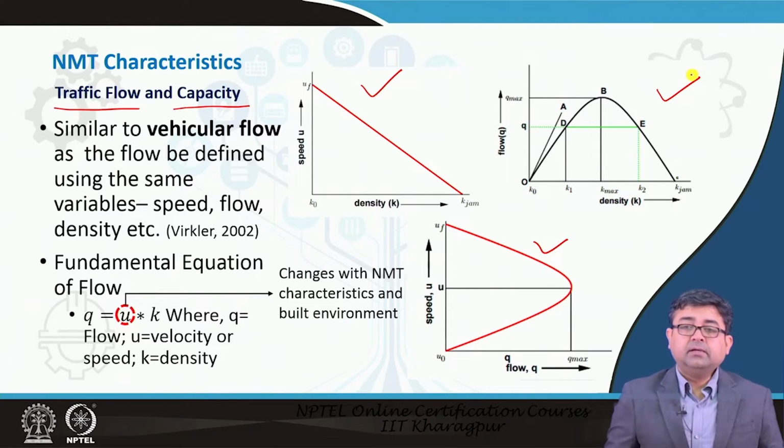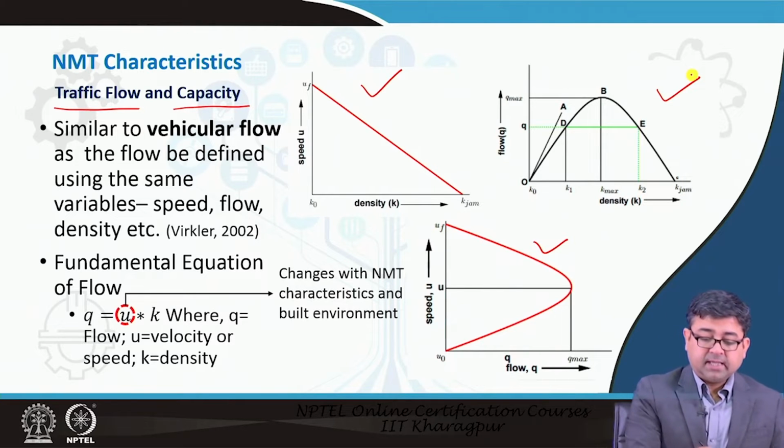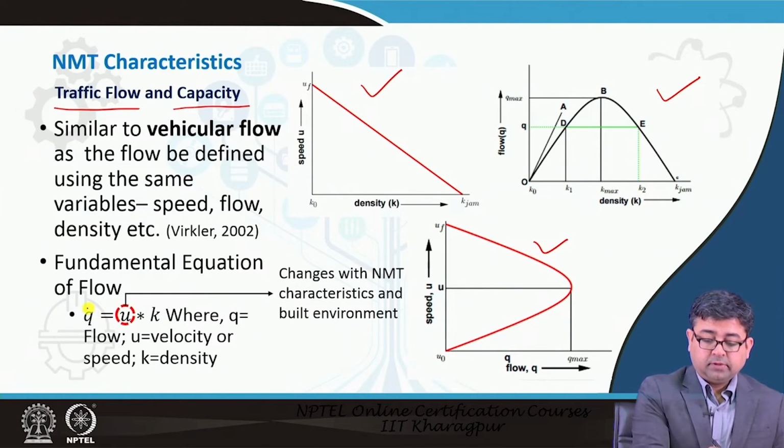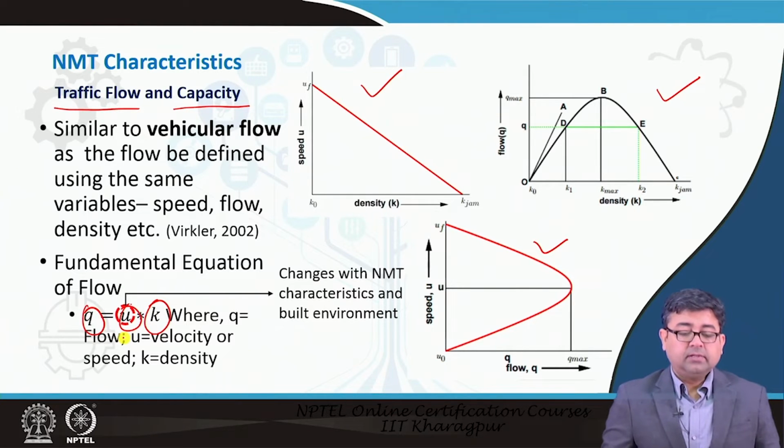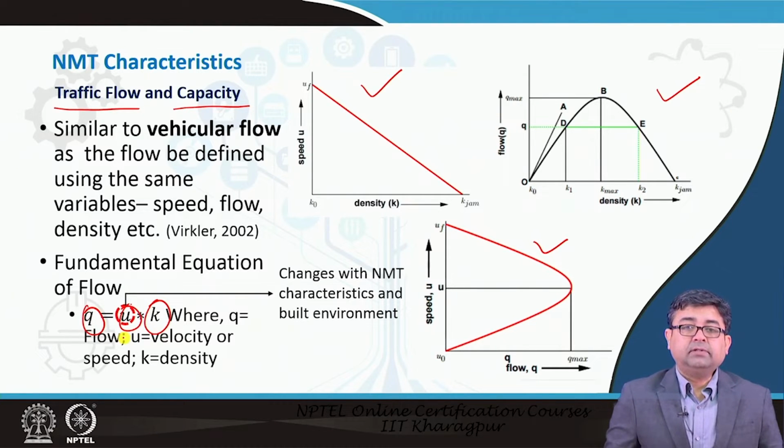So, the basic equation says that flow Q is a product of speed U and density K, right. Flow is equal to U times K.